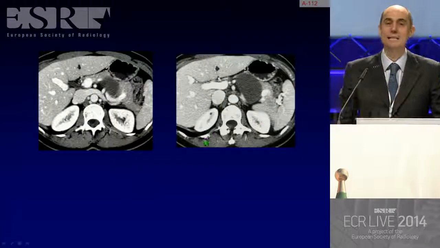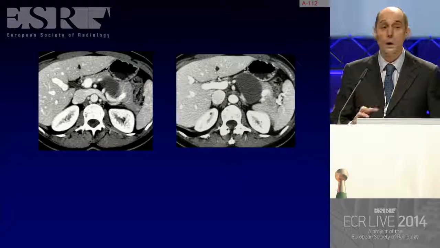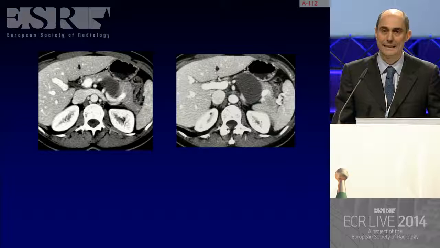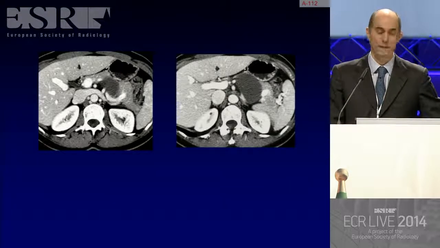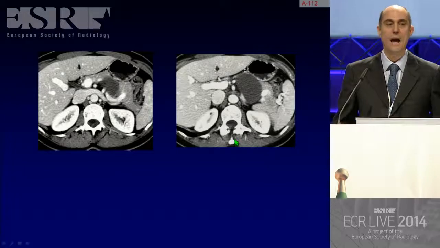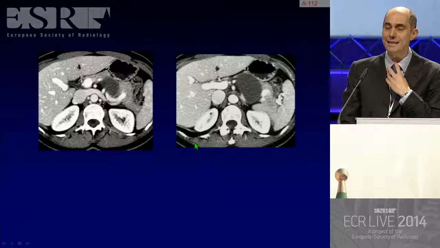And this is my last case, because we are moving from the solid lesions, potential source of pitfalls, to the cystic causes of pitfall. And this, what do you think? The patient did not have any acute pancreatitis. What do you think it is?